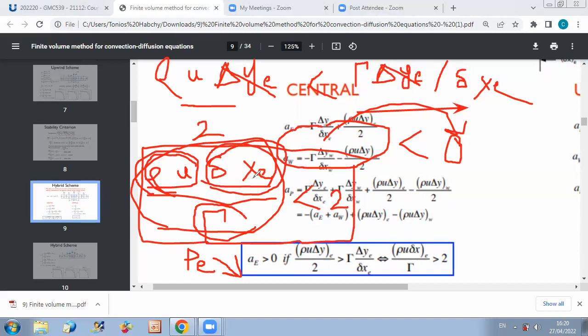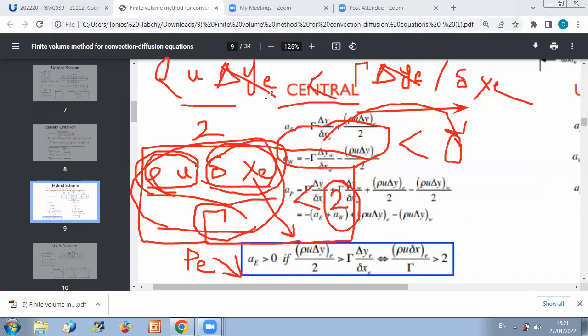So when we decrease the grid size, by increasing the number of nodes, we will be able to decrease the Peclet number. To have a stable solution with the central scheme, I should go below 2. If I can't go below 2, then my central scheme will not work well.